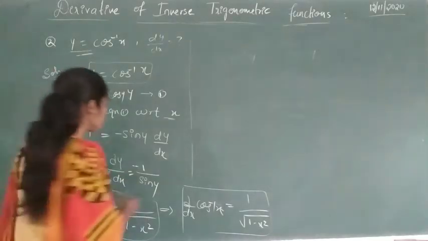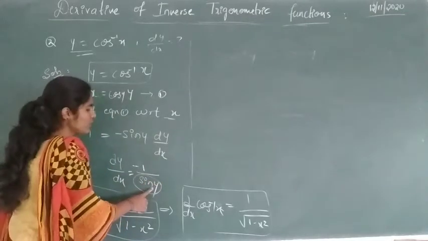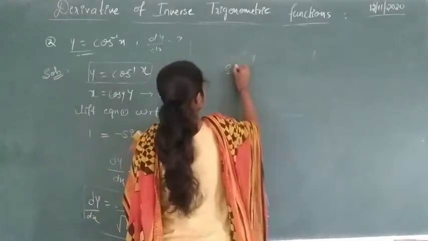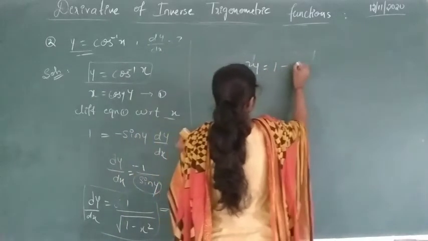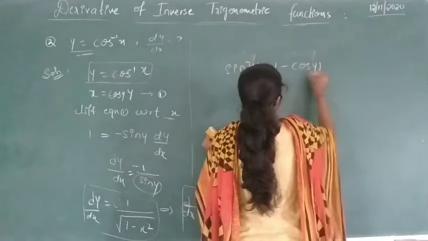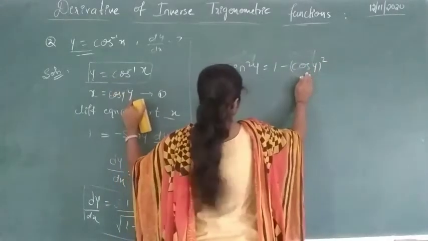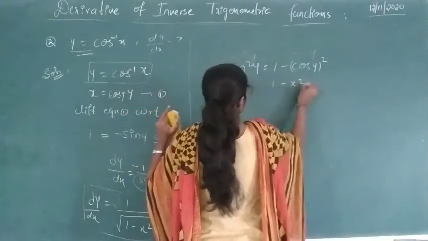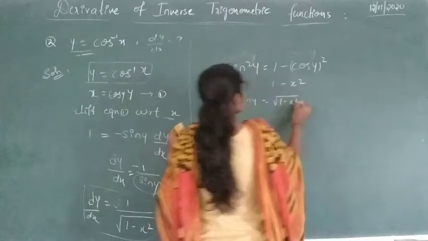Here the term we have to take is, we took cos y last time, now take sin y and square it. Then sin square y can be written as 1 minus cos square y. So here x is equal to cos y, what we had taken. So 1 minus x square, sin y becomes square root of 1 minus x square.